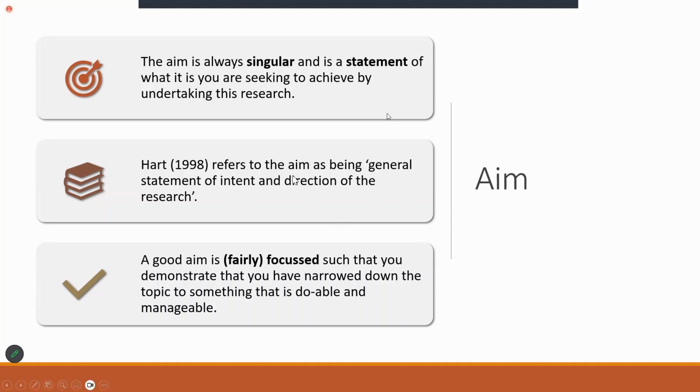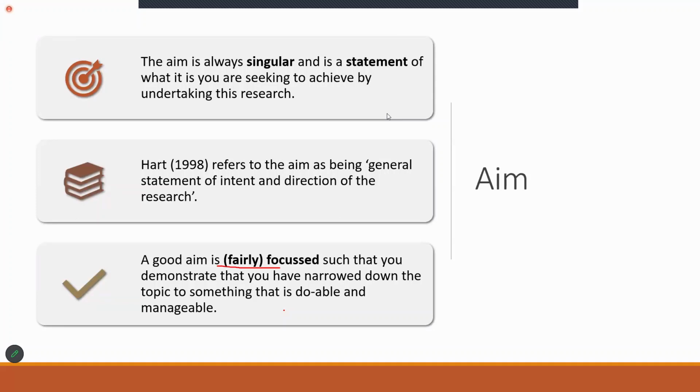It basically provides the direction to your research, and the aim will be fairly focused. Note the term fairly. It should not be too narrowed down either.